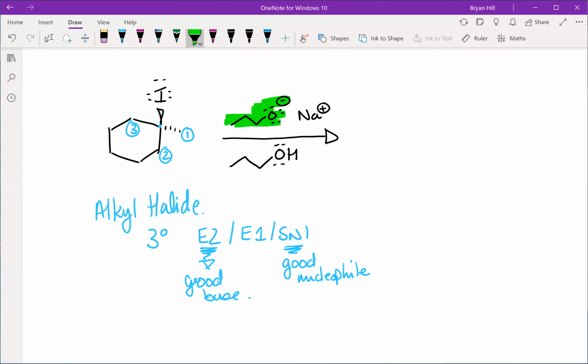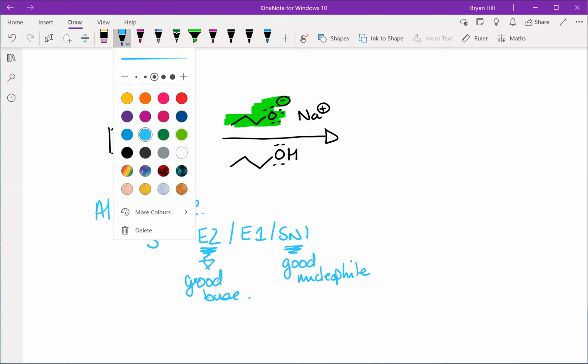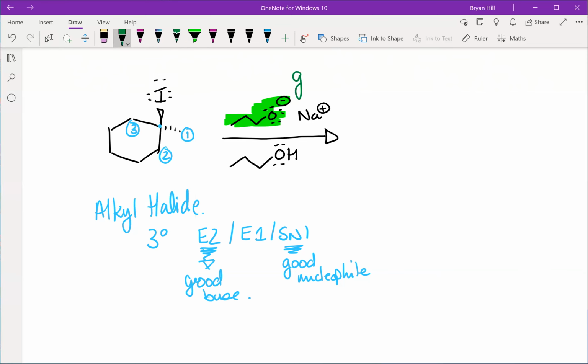Oxygen with a negative charge isn't stabilized by resonance. This is a good base. And our solvent, so this, and it's not dilute, so dilution would help E1, so let's cross that off the list.